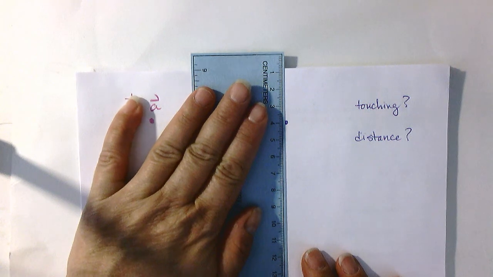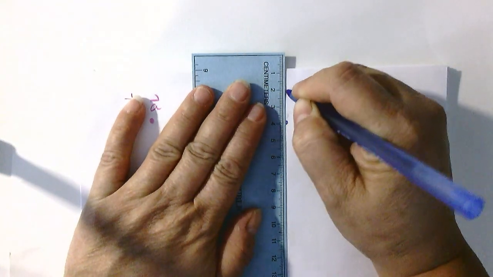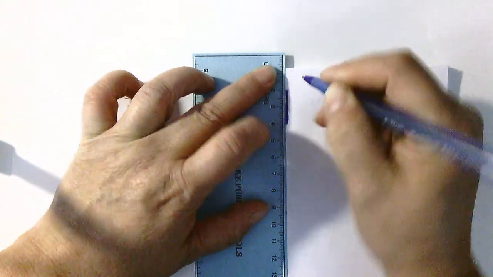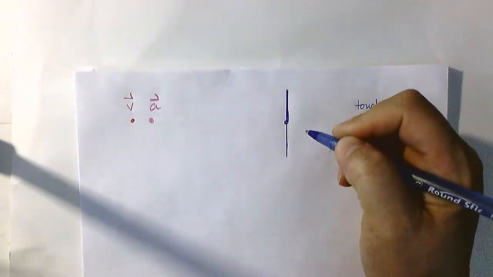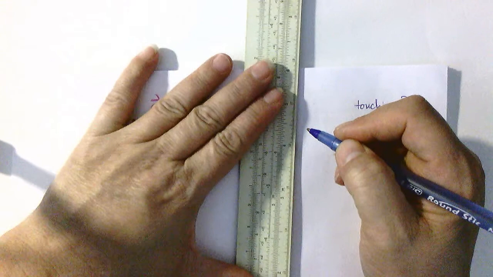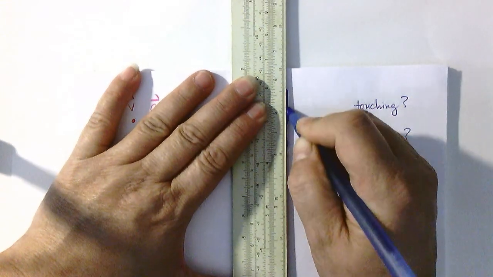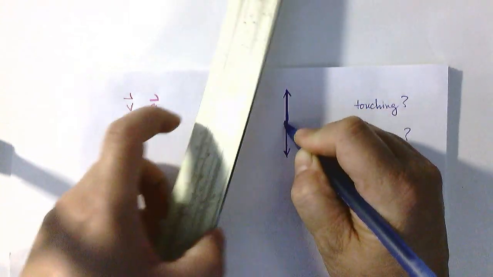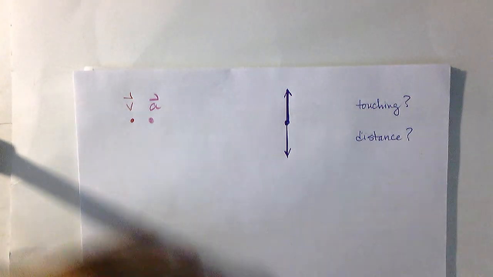So what I'm going to do now is I'm going to go ahead and draw my line. Oops. This is not a very stiff ruler. Okay, so now I'm going to label the forces.